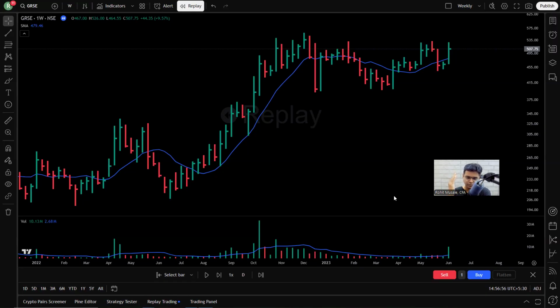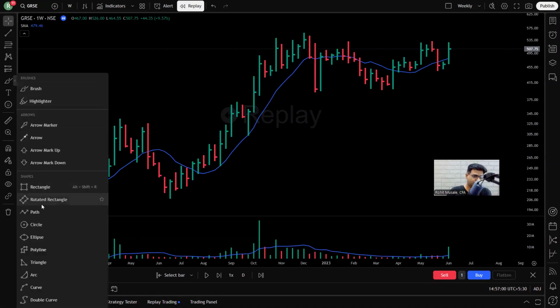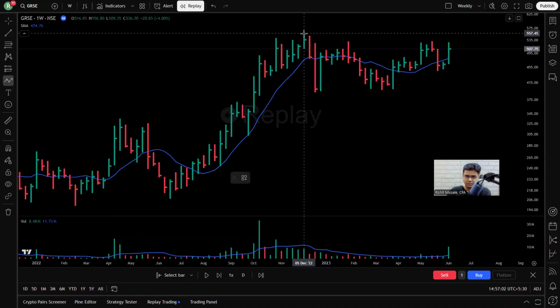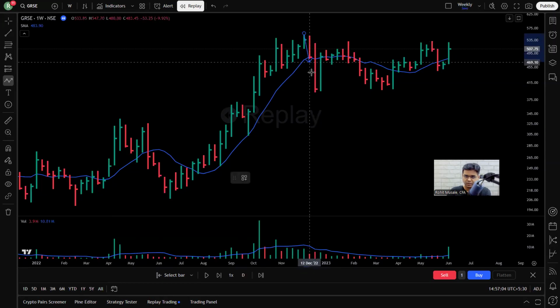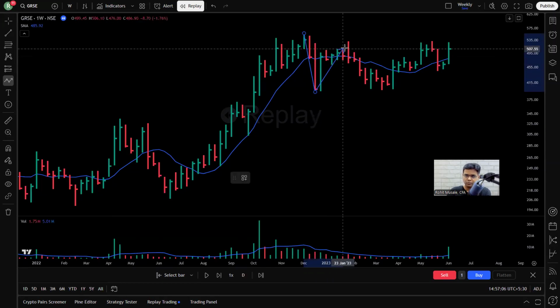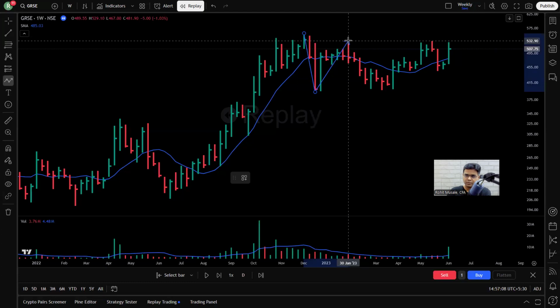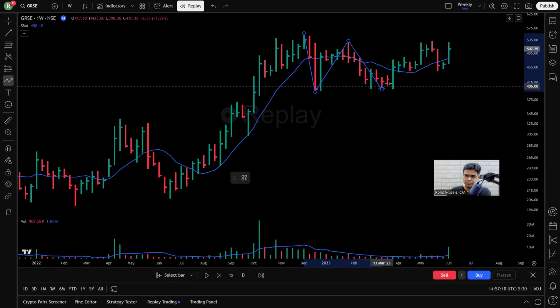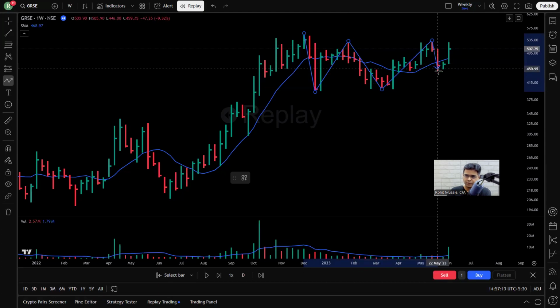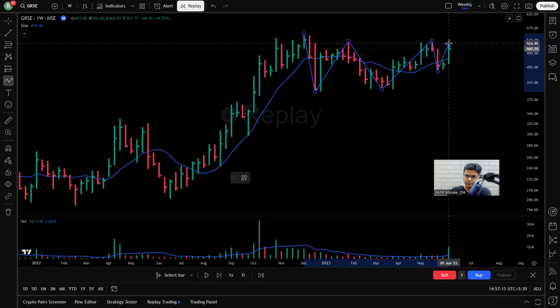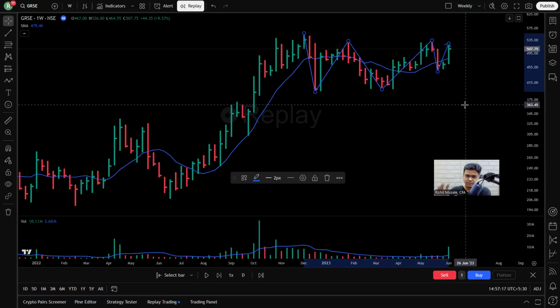Okay, let's continue. So let's look at the VCP. So this is where the base starts. 0.1, 0.2. This is 0.3, 0.4, 0.5, 0.6, 0.7. Same concept which I apply in the daily time frame chart.